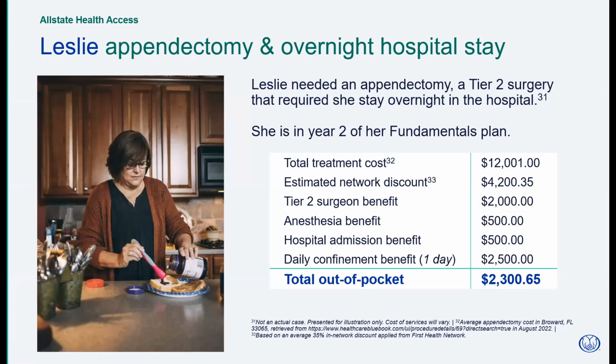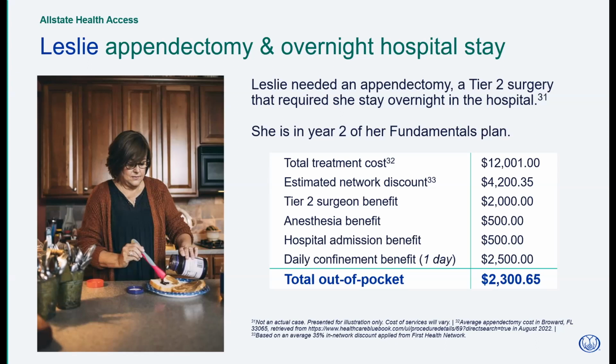After her Access Fundamental plan benefits kicked in, she received a $2,000 tier 2 surgeon benefit, a $500 anesthesia benefit, a $500 hospital admission benefit, and then a $2,500 daily confinement benefit.